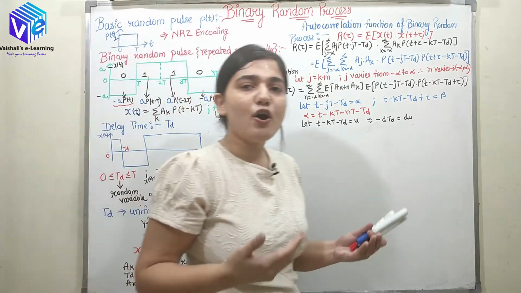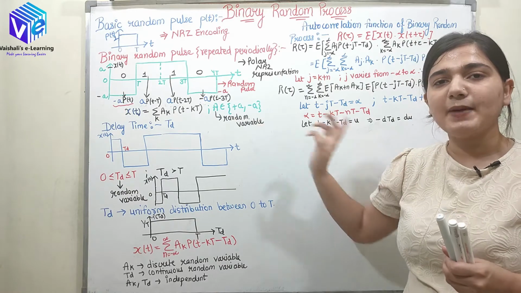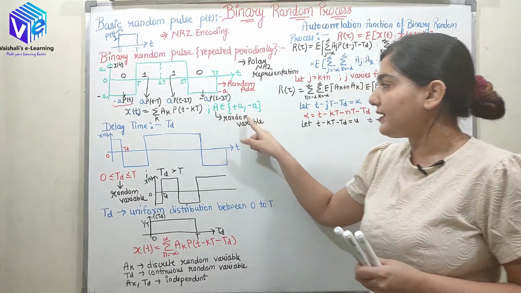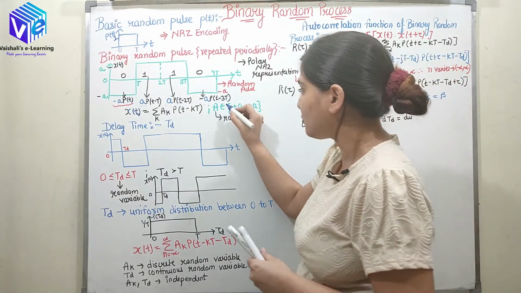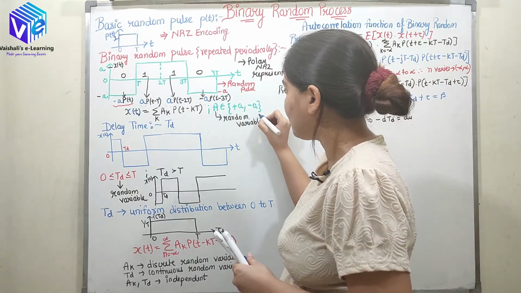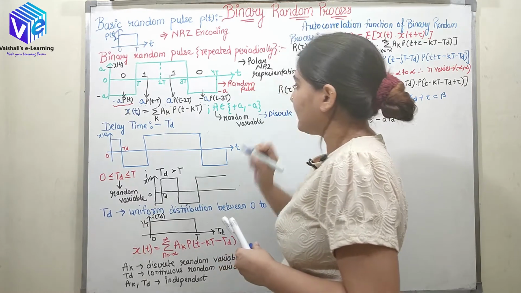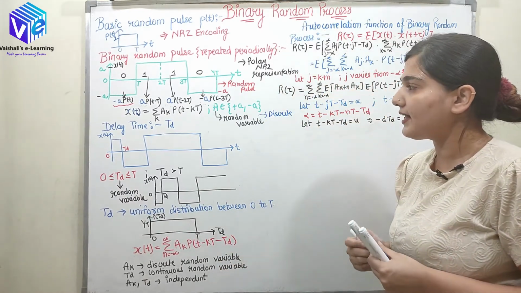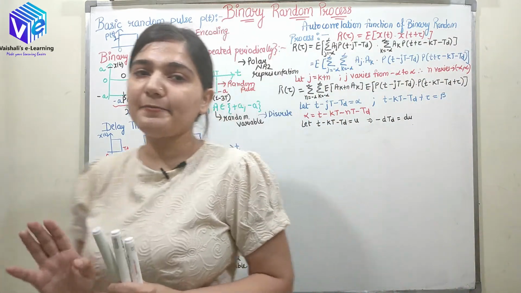And the values of a are just two values, plus A and minus A. So a is a random variable here, which is a discrete random variable, because I have just two values. So a is a discrete random variable having only two values, plus A and minus A.